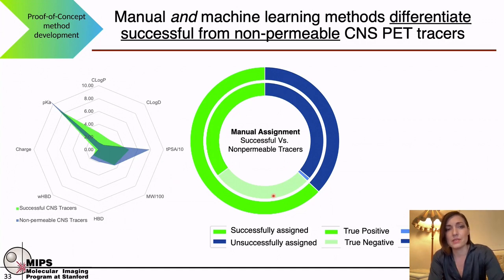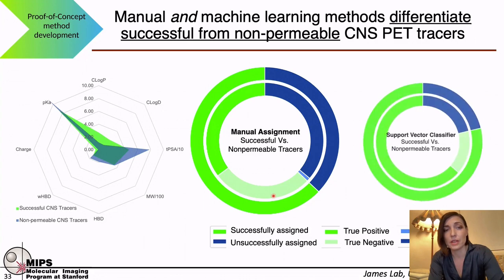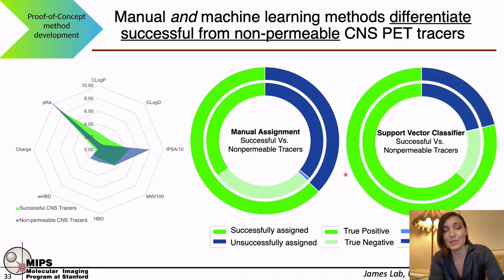And when we manually assign things, we're actually quite good at it. Then we used some AI, a support vector classifier, and we're even better at differentiating positives from negatives. This is way better than what's available right now, so we were super pumped about that.